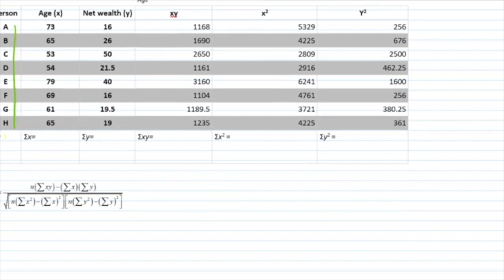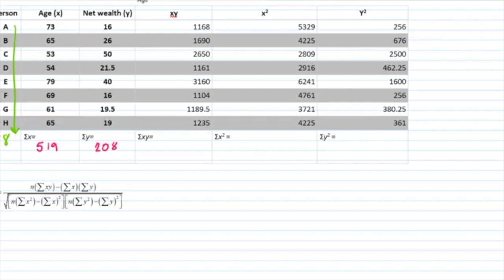So remember, n is the number of pairs, and that is 8. I like this color. I'm gonna use pink. The sum of the x's is going to be a big fat 519. The sum of the y's is going to be 208.